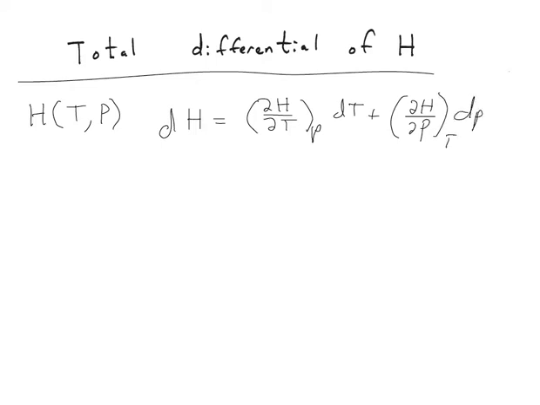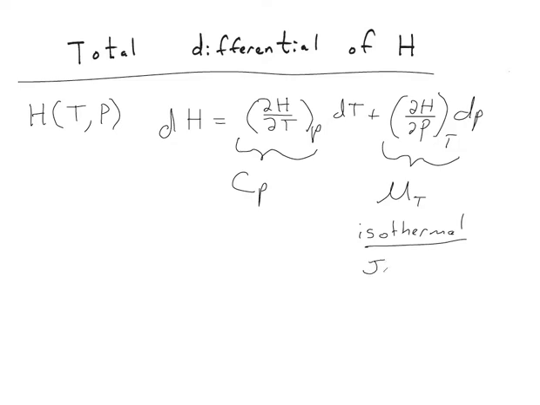As you probably guessed, both of these are named partial derivatives. This is the constant pressure heat capacity, CP, and this is called mu T, the isothermal Joule-Thomson coefficient.